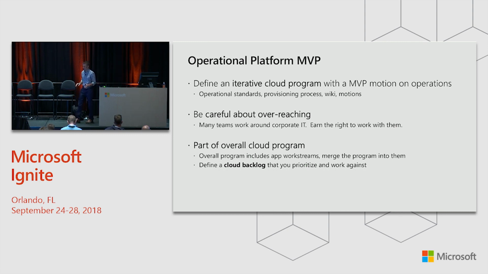One of the recommendations I would have for you is be really careful about overreaching. Like it or not, IT, especially in large organizations, has gained a lot of negative perception of slowing application teams down. And if you overreach before you're ready to overreach, you end up creating more challenging experiences with your application teams rather than collaborating with them.